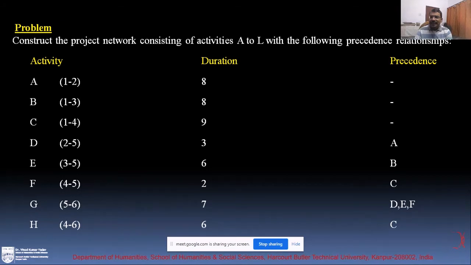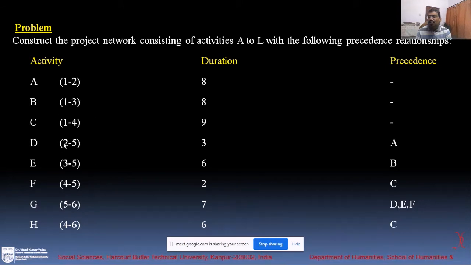Suppose A activity starts from node 1 and ends at the second node. B activity starts from node 1, ends at the third node. C activity starts from node 1 and its time duration is 6. So these activities are defined along with the nodes.